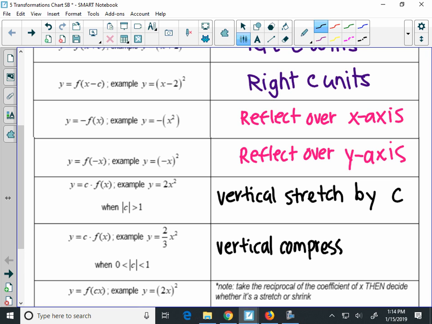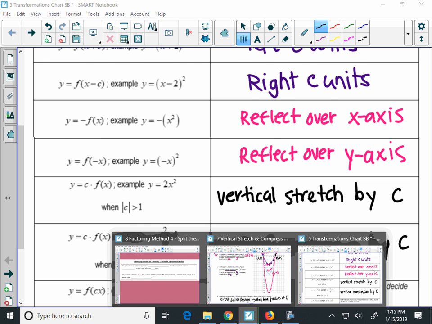And we'll say that's a vertical compression, again, by C, or you could say by a factor of C. So here you could say vertically compressed by 1/2, or we would say vertically compressed by a factor of 2. So you don't say by a factor of 1/2, it'd be by a factor of 2. But if you just say by the number, it'll always be right. Okay? So what I need you to do is go back to your notes, and we're going to flip to the back of the notes right now.